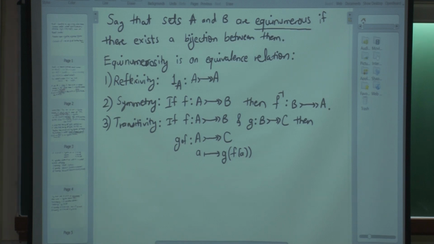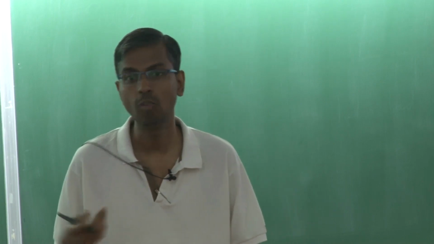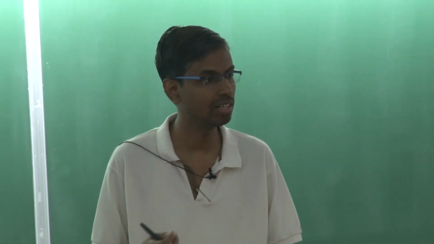Now what we have observed so far is that equinumerosity is an equivalence relation. However, we did not answer the question: equivalence relation on what? We just said it's an equivalence relation. So what is our collection on which this is an equivalence relation?